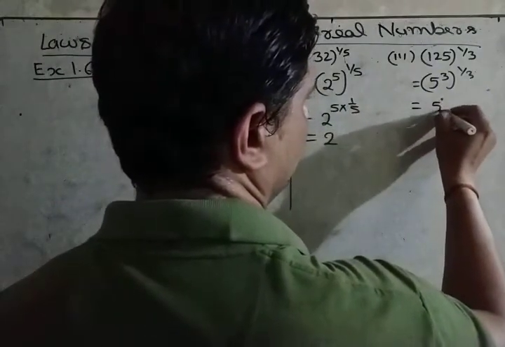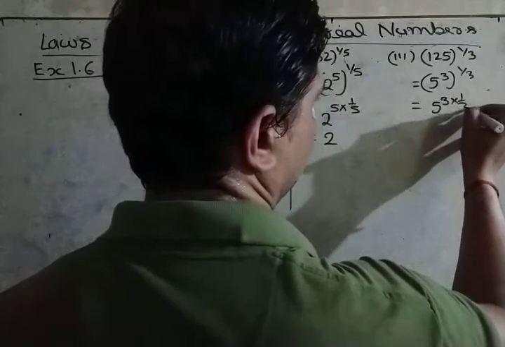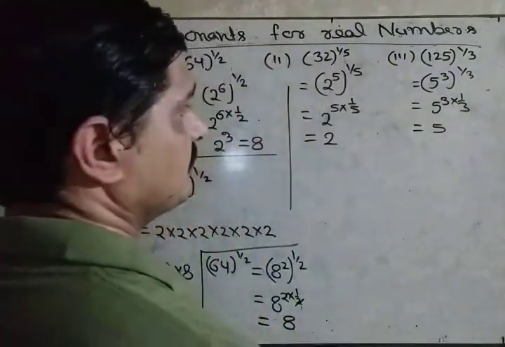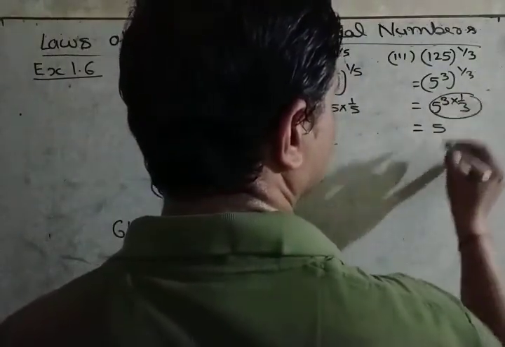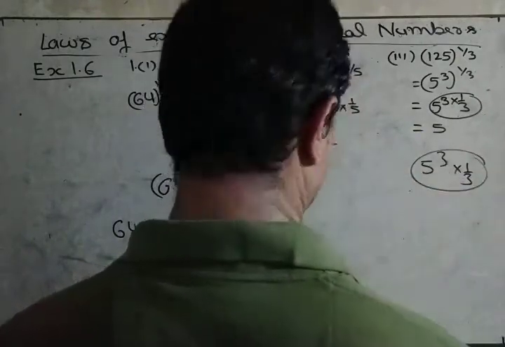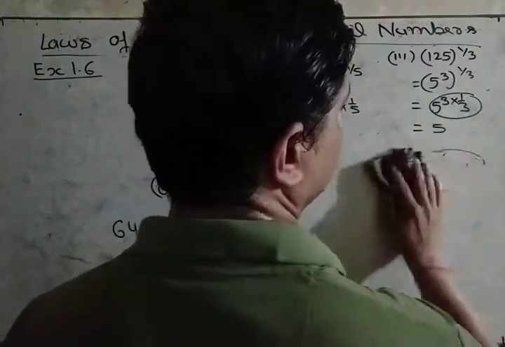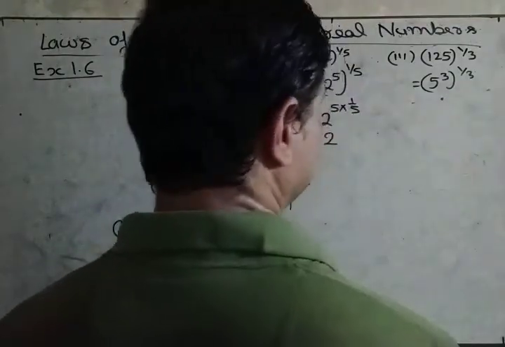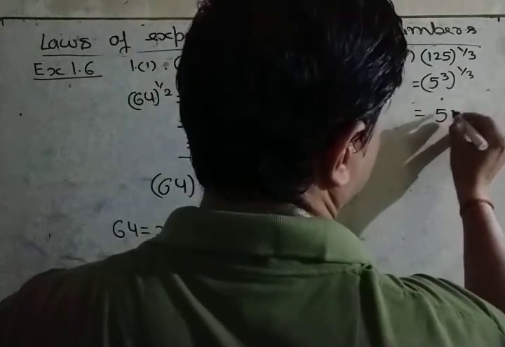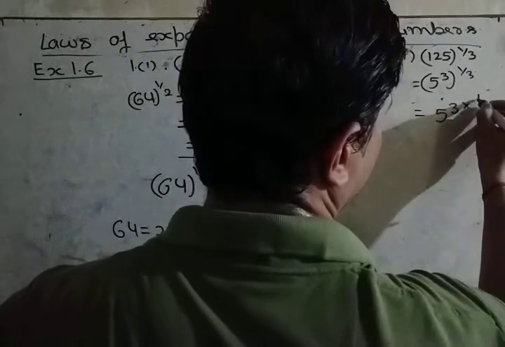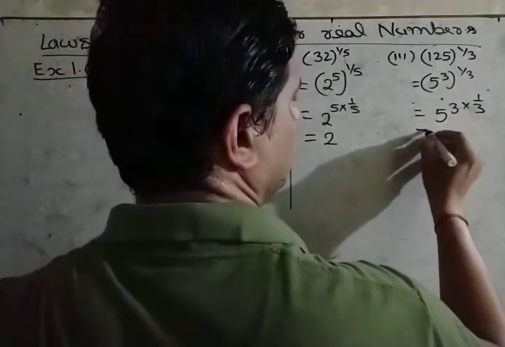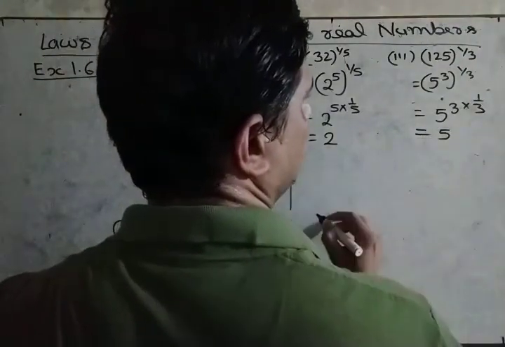Now, one thing to notice, some of you may write like this, 5, 3, this is wrong. What is the right method? Write in such a manner that it looks like it is in the power 3 into 1 by 3, like this. Then 3 cancels with 3, leaving 5.